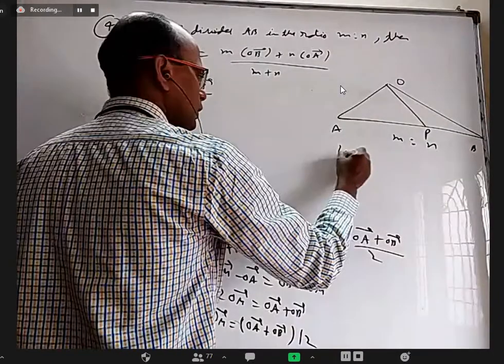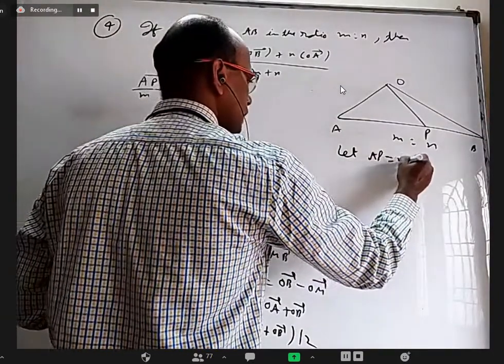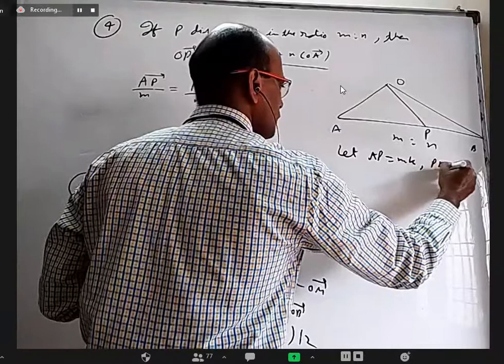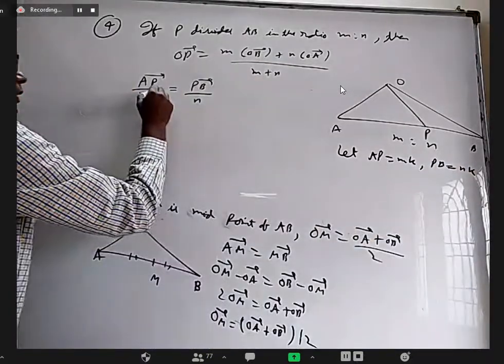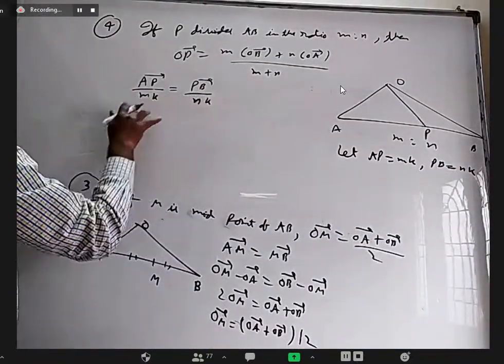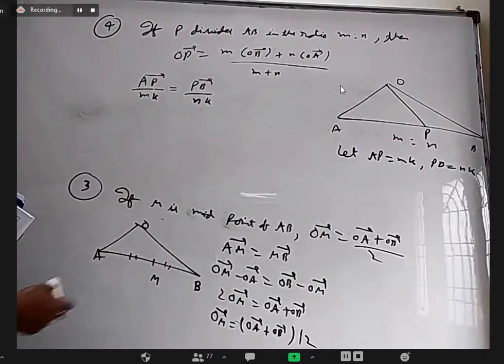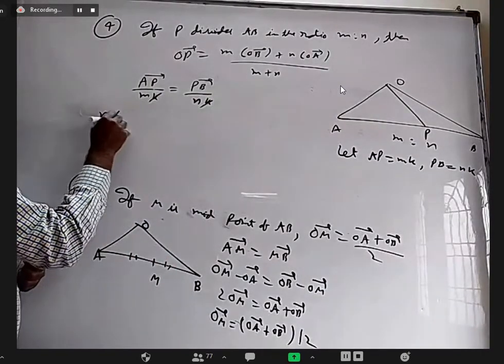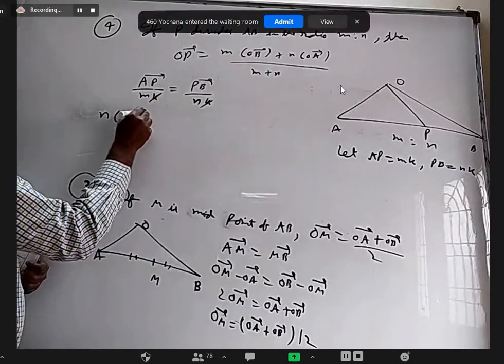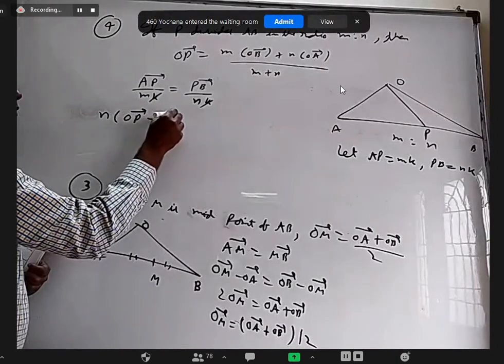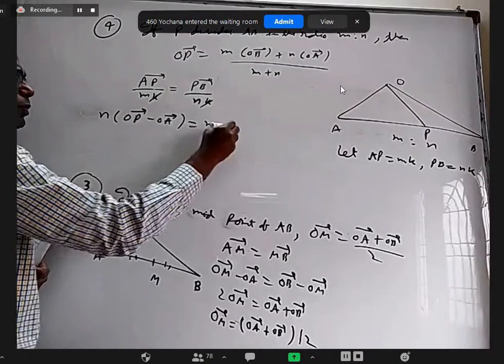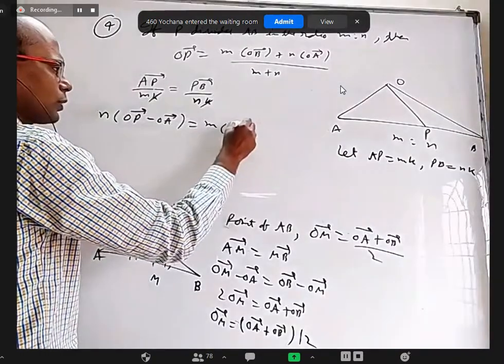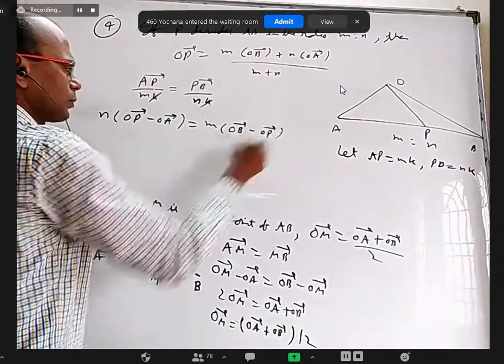Let AP be equal to MK and PB equal to NK. Then I can write a K here. This is a unit vector, this is also a unit vector in the same direction, so they must be equal. When I cancel K and do cross multiplication, I'll get N into AP, which can be written as OP bar minus OA bar, and M into PB bar, which I can write as OB bar minus OP bar.